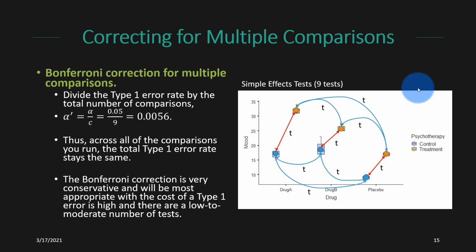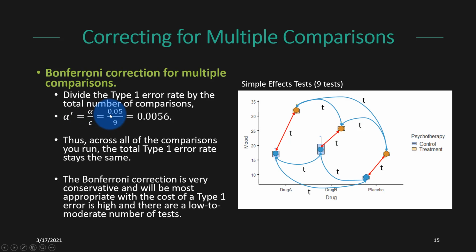And a very common one, but also a very conservative one, is the Bonferroni correction for multiple comparisons. Now, the nice thing about the Bonferroni correction is it's pretty easy to understand because all we do is divide the type 1 error rate by the total number of comparisons to get an adjusted alpha level. So alpha adjusted, indicated by that little tick mark there, is equal to our original alpha divided by the number of comparisons.